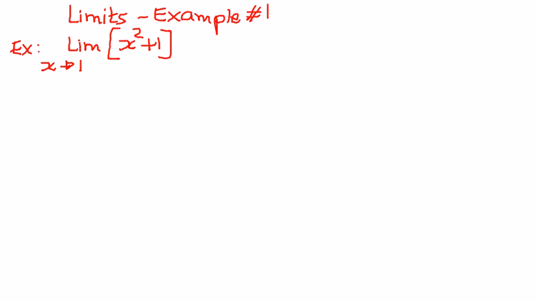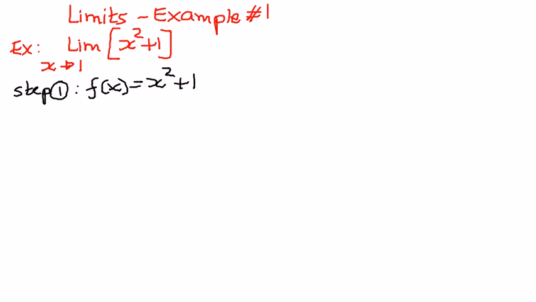As a first step, what I want to do is be able to graph this function. If we have a function like this, f of x is equal to x squared plus 1, as we give values for x, the function is going to change.